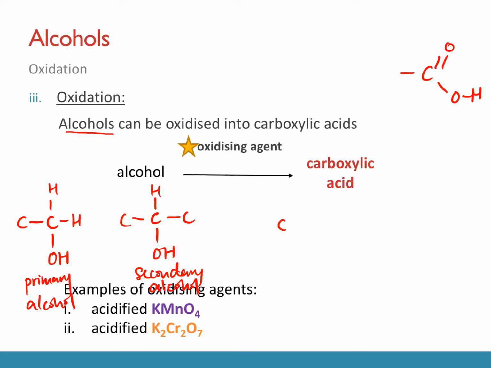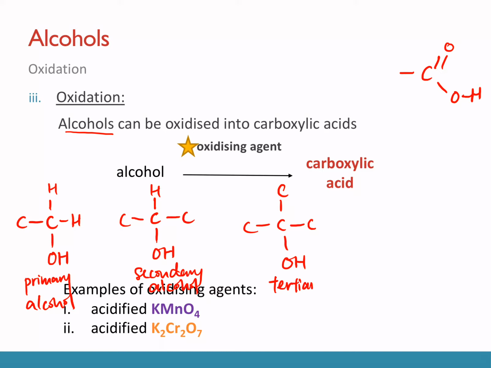If the carbon that the hydroxyl group is attached to is attached to three carbons, then what type of alcohol is this? It is a tertiary alcohol. Okay, so primary, secondary, or tertiary alcohol is dependent on how many carbon atoms the particular carbon that the hydroxyl group is attached to is connected to.